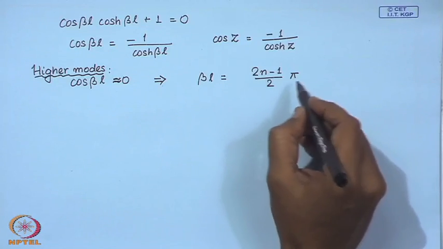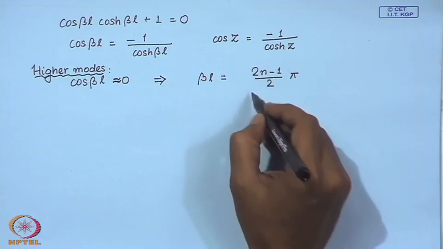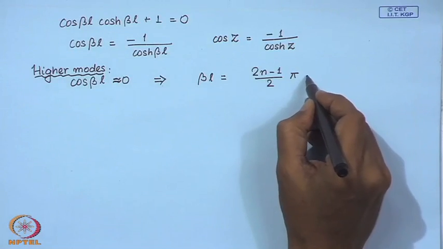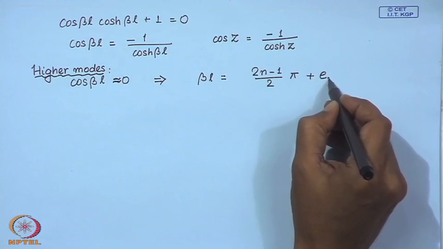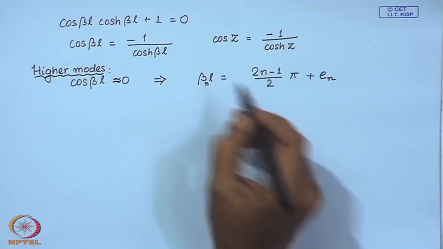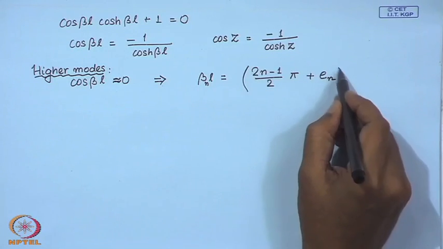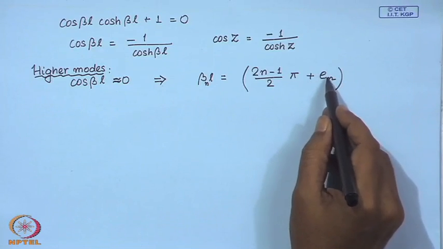as approximately this. Now, what I will do is add here, beta gets indexed with n. So, this is some error.